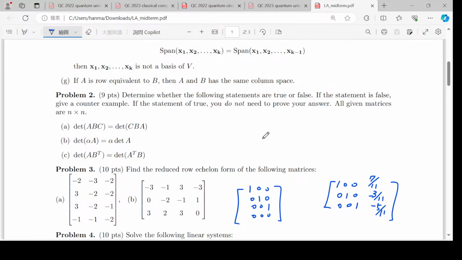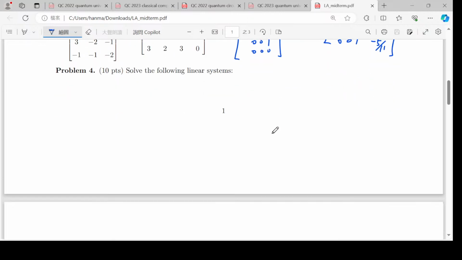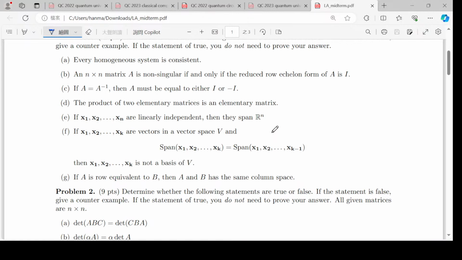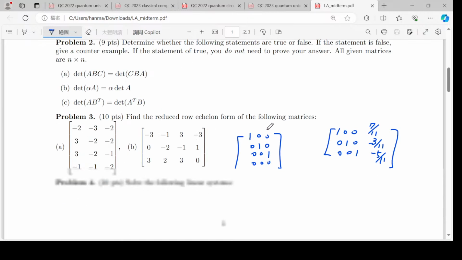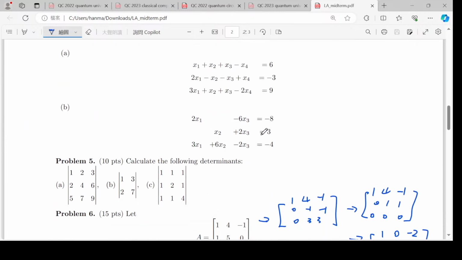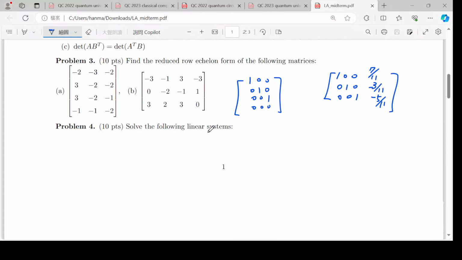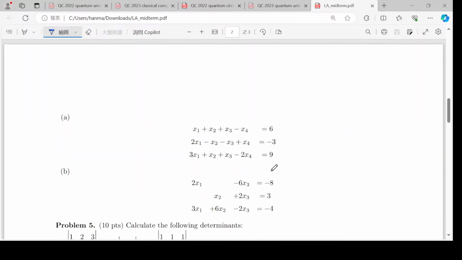Okay. So on the midterm, the first 5 problems are basic. So if you are not getting a good grade on them, you should really do more practice yourself. For example, problem 3 and problem 4 are very standard.